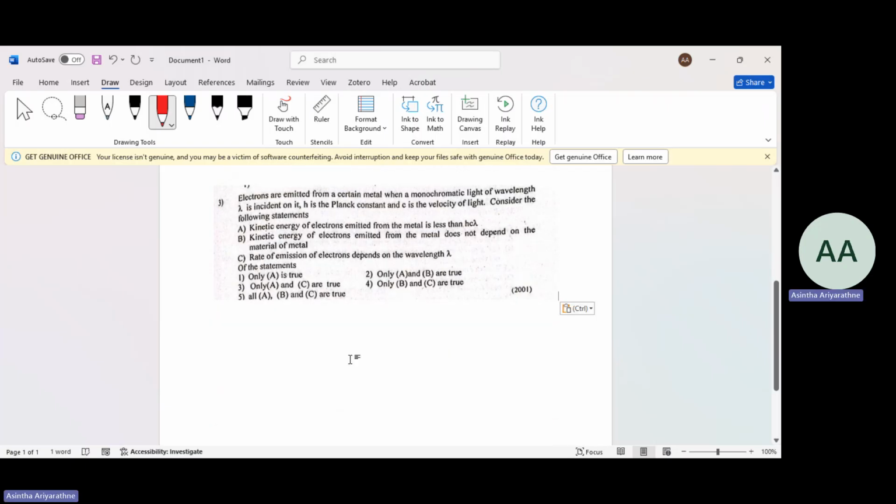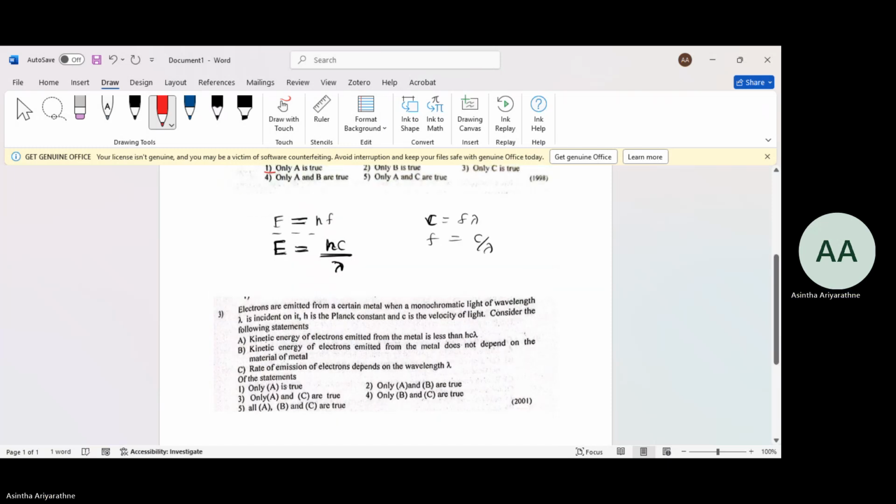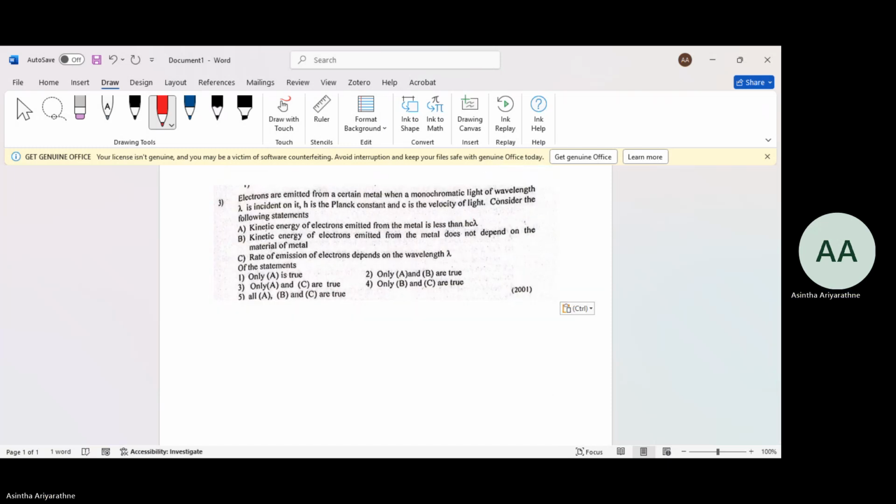Electrons are emitted from a certain metal when monochromatic light of wavelength lambda is incident on it. h is the Planck constant and c is the velocity of light. Consider the following statements. Kinetic energy of an electron emitted from the metal is less than h c over lambda.